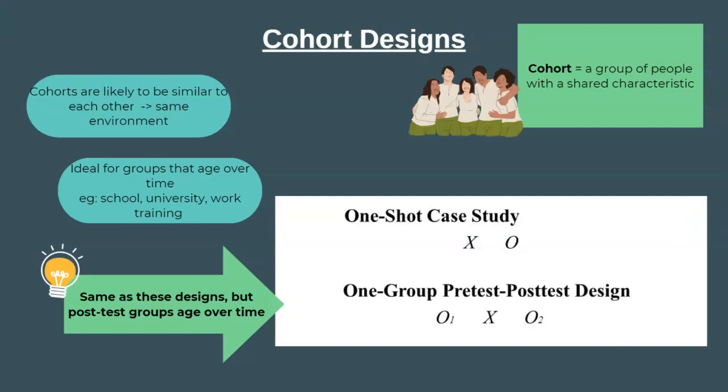Cohort designs are most commonly longitudinal, but it is entirely possible to do it as a one-shot cross-sectional design. You're just looking at a group of people and trying to study their characteristics. But if you're trying to compare something, then it will be over time.